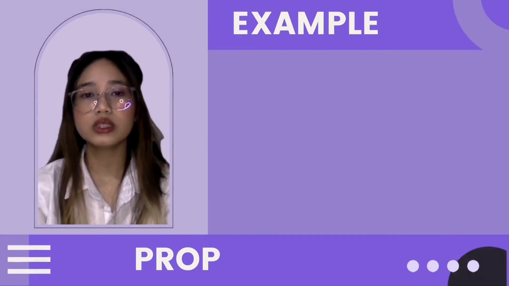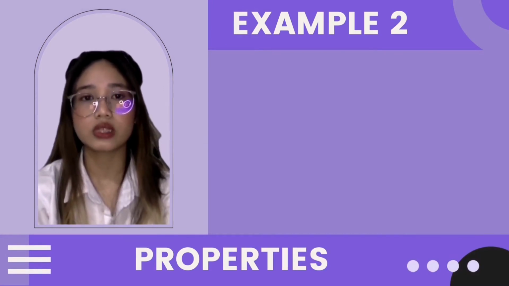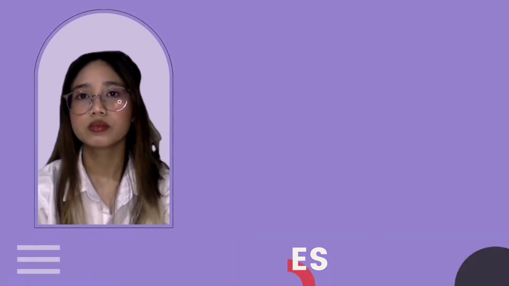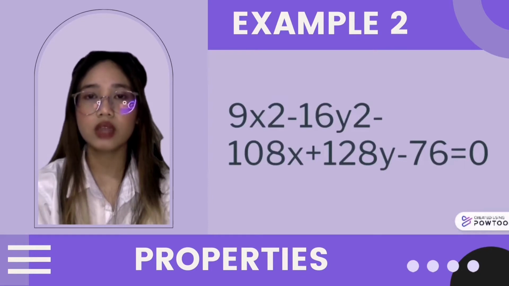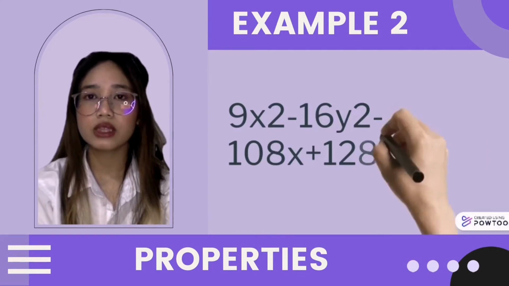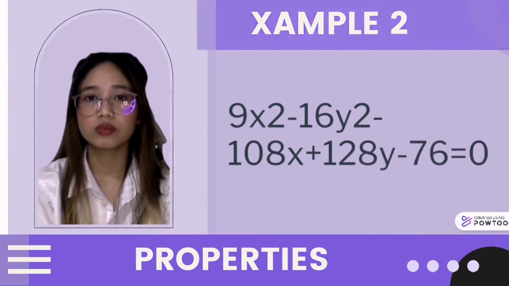And now I will teach you how to solve the properties of hyperbola. The problem is 9x squared minus 16y squared minus 108x minus 128y minus 76 equals 0.